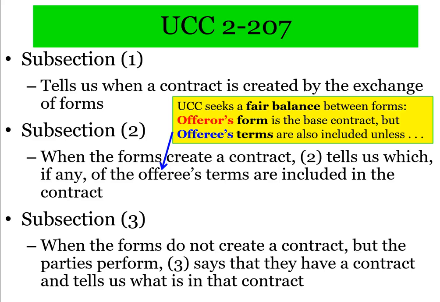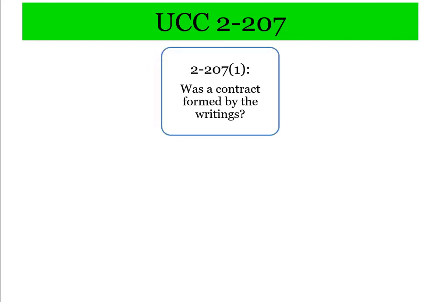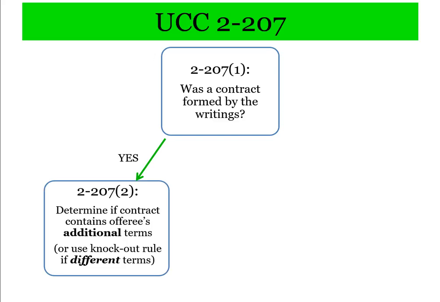In trying to reach this compromise, the rule became very complex. Let's look at a simple flow chart. You always start with subsection 1 to determine whether a contract was created by the exchange of forms. If a contract was created, then you go to subsection 2 to determine whether any of the offeree's terms become part of the contract.